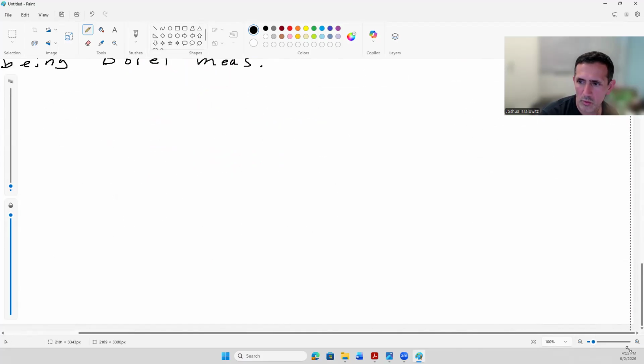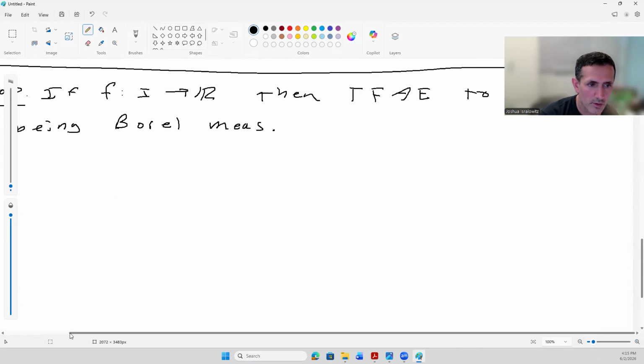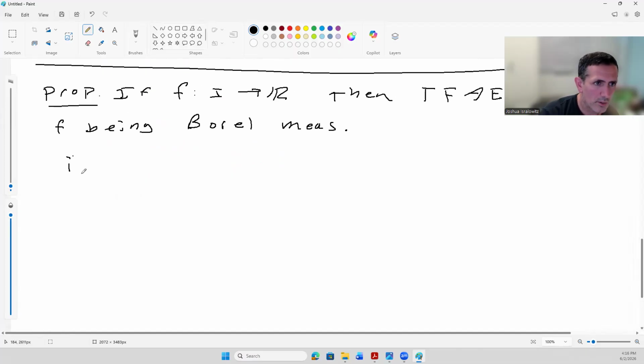One: as usual, if you remember, the theorem, it's a proposition in Royden even. For any C in the real line, the inverse image of (C, infinity) is Borel.